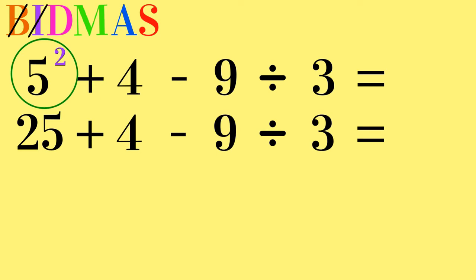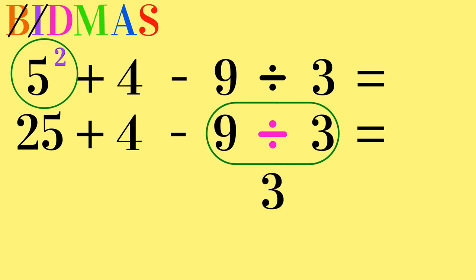Next up, we have division. 9 divided by 3 is 3, so now we have 25 add 4 subtract 3.